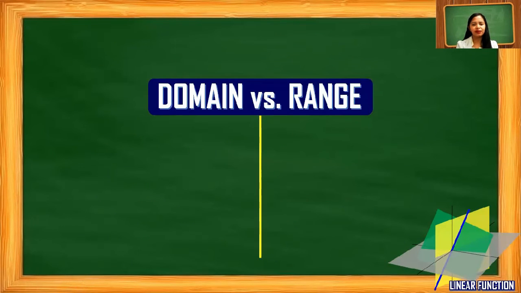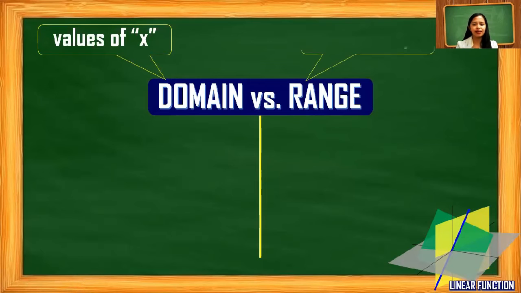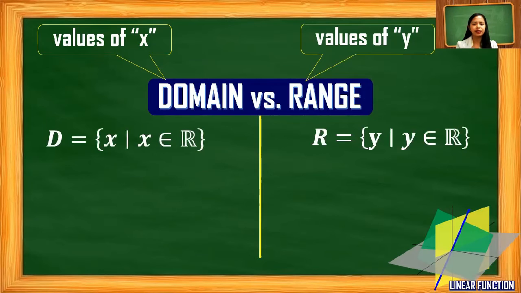Okay, so moving on, let's discuss the domain and the range of a linear function. Again, always remember that the domain is the values of x and the range is the values of y. For a linear function, the domain and the range are the same. The domain is the set of any real number and the range is the set of any real number.